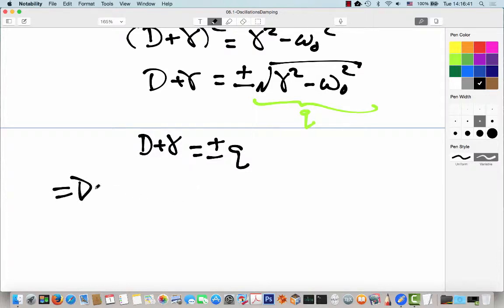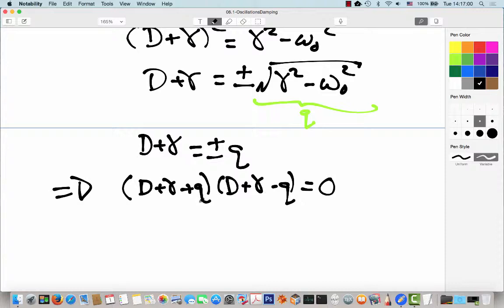So finally, that gives us our relations that either d plus gamma plus q is equal to 0, or d plus gamma minus q is equal to 0. So definitely, since one or the other of these is equal to 0, the product is definitely 0.